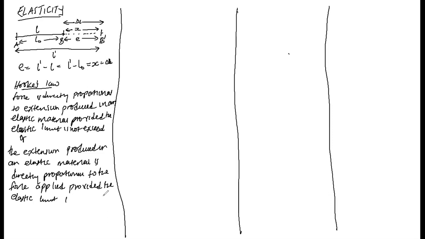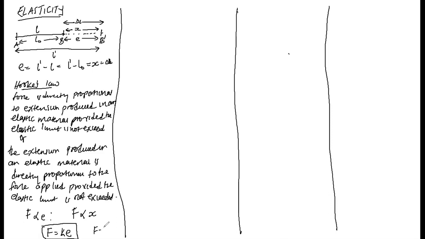So from Hooke's law, force is directly proportional to extension, or force is directly proportional to the displacement, x. If someone gets to know that, then force is going to be equal to a constant times extension when you remove the proportionality sign.